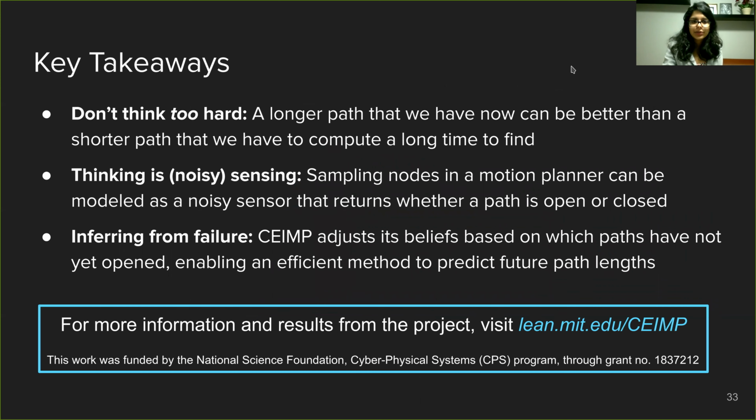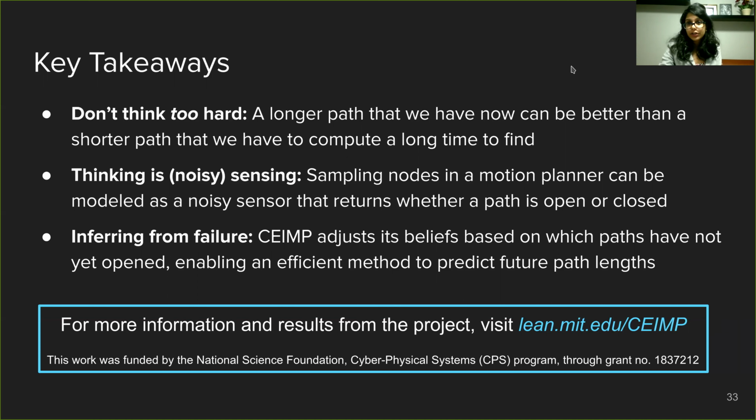So, key takeaways. One, when we're in this low power robotics regime, it's worth not always thinking too hard. For example, a longer path we have right now might actually be lower cost in total energy than a shorter path that we have to compute a really long time for. Second, modeling computing as a noisy sensor gave us a way to predict future actuation energy savings through this Bayesian inference formulation.